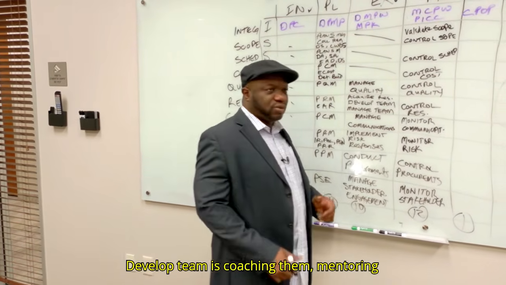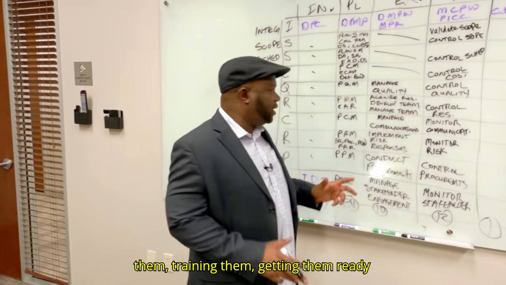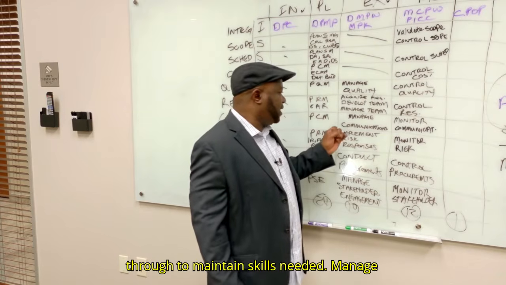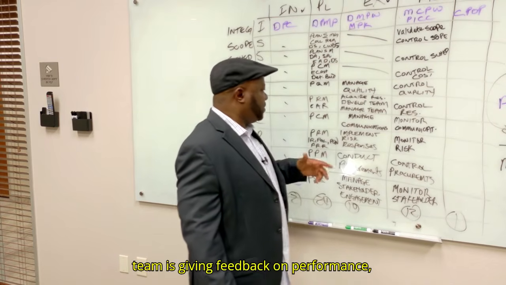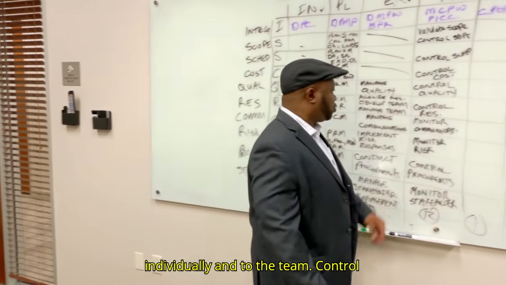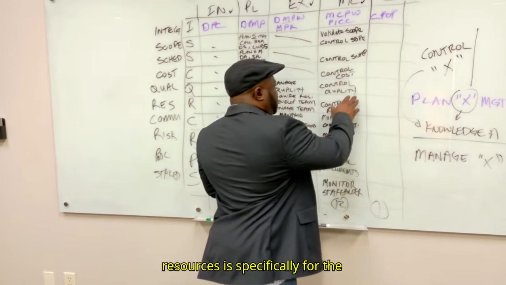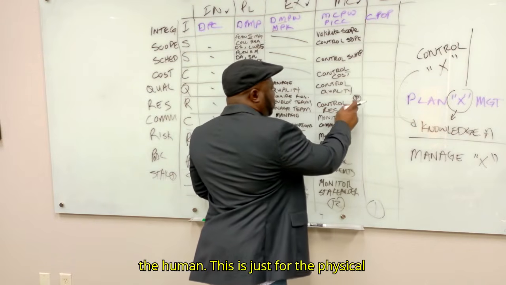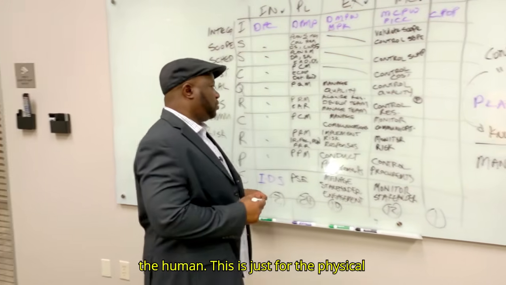Develop team is coaching them, mentoring them, training them, getting them ready for the project and helping them all through to maintain skills needed. Manage team is giving feedback on performance individually and to the team. Control resources is specifically for the physical. Don't forget, this is not for the human, this is just for the physical resources.